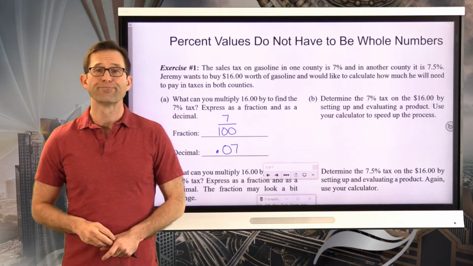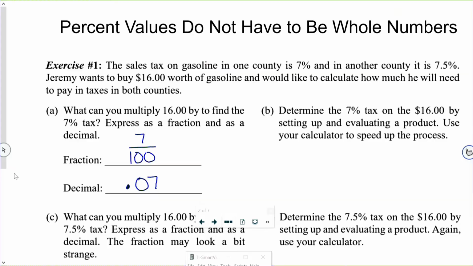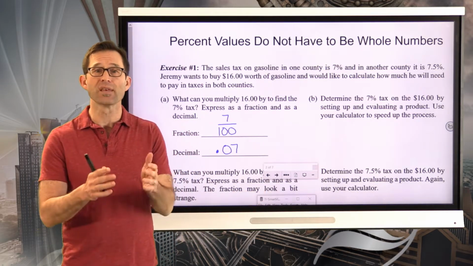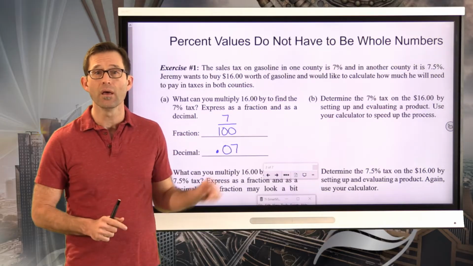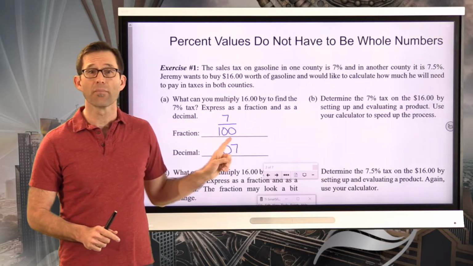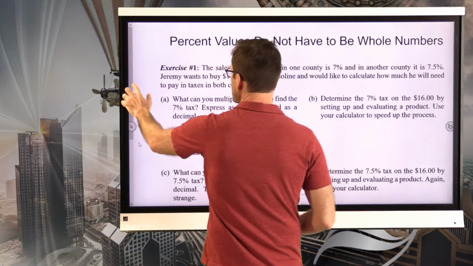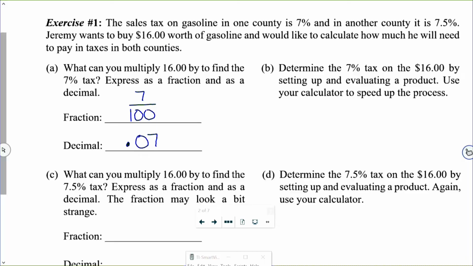Now, letter B. Determine the 7% tax on the $16 by setting up and evaluating a product. Use your calculator to speed up the process. All right, simple enough. Let's do this together. As we know, we can find 7% of 16 by just multiplying the 16 either by 7/100ths or by 0.07. We're going to go with the decimal, as we have been lately. So we're going to do 0.07 times 16.